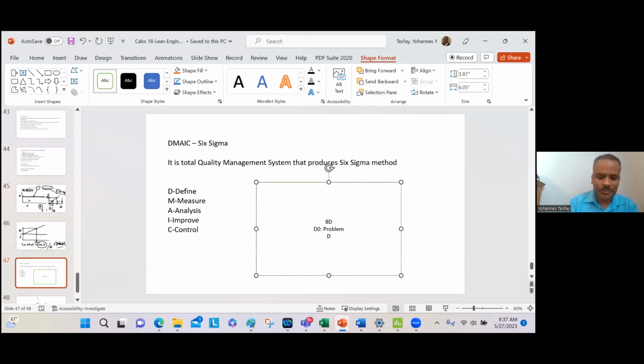Then D1 is the cross functional team. D2 is the problem statement. And D3 is the containment action.